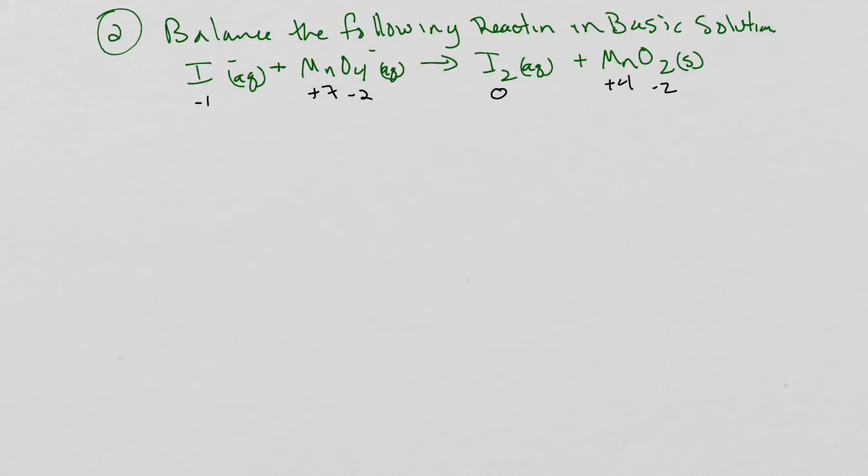Now, if we then look at what's being changed to build our half reactions, so we see that we have iodine going from -1 to 0. Okay. So in other words, it's getting more positive. Okay.